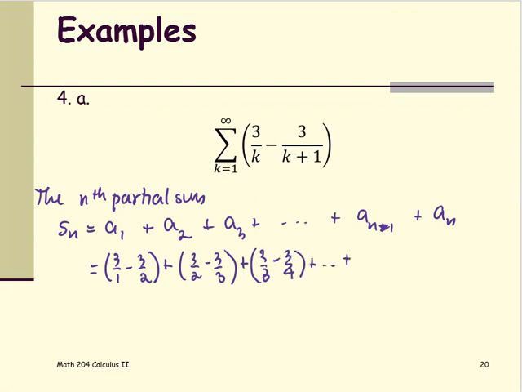For the n minus 1 term, we have 3 over n minus 1 minus 3 over n, plus 3 over n minus 3 over n plus 1 for the last term.